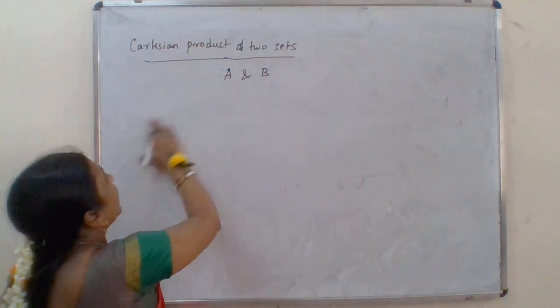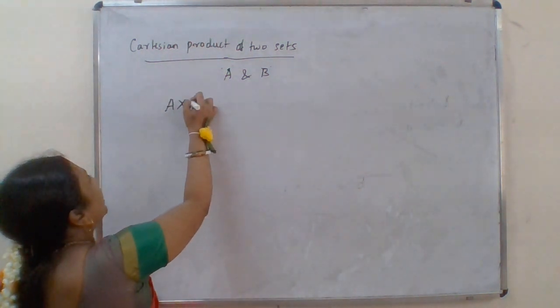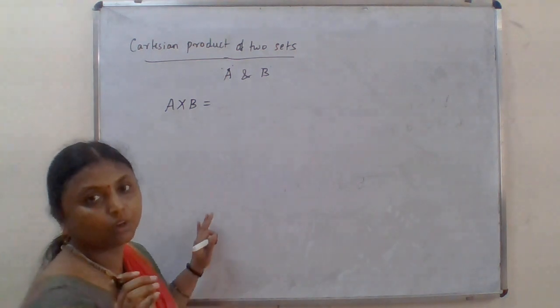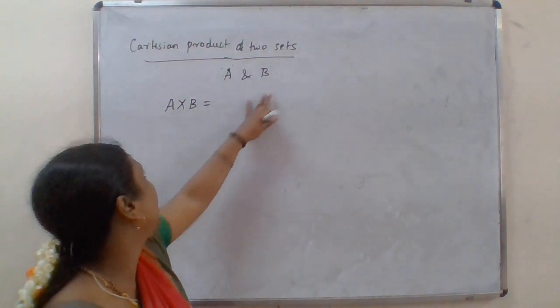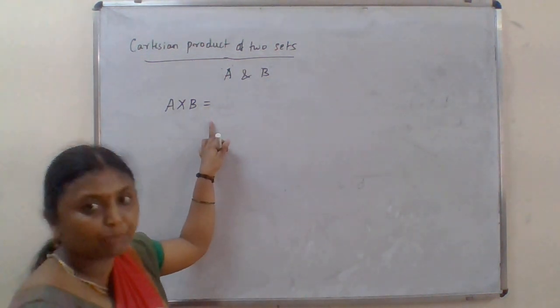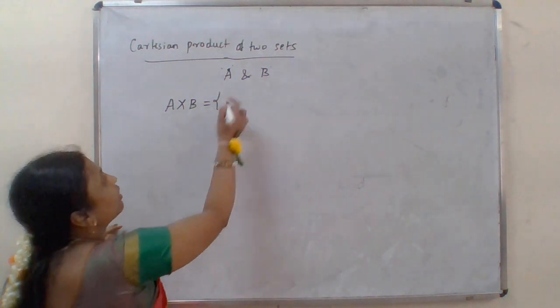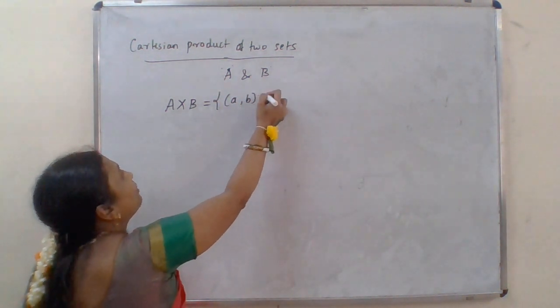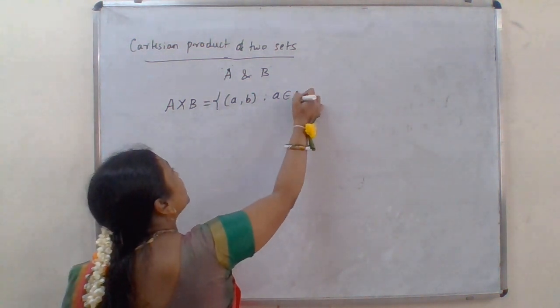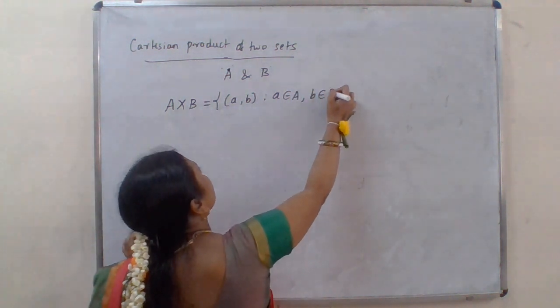Now A cross B is called the Cartesian product of A and B. It is denoted by A cross B and is defined by A cross B equal to the set of ordered pairs (a, b) such that a belongs to the set A, b belongs to the set B.